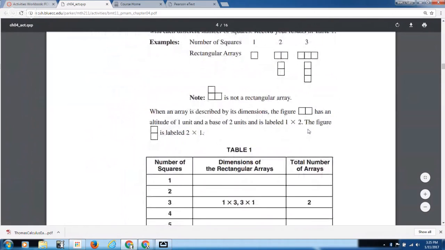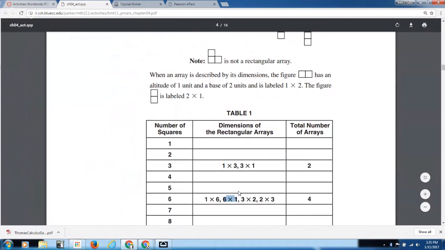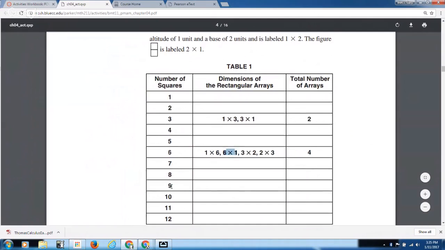And so what we're taking a look at is the number of different ways you can make rectangles given 6 blocks or 5 blocks or 4 blocks. And we're going to make a connection between the number of factors a number has versus the number of different rectangular arrays that you can make. So if you can make a 1 by 6, that means you can make a 6 by 1 and reverse it. However, if you think about 9 for a minute, 9 is 3 by 3. You can't reverse that. It's still 3 by 3.